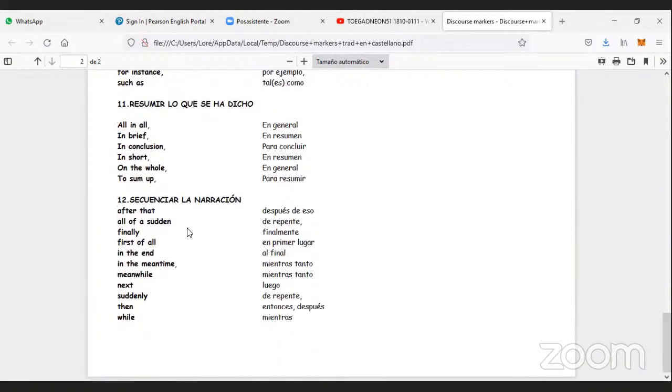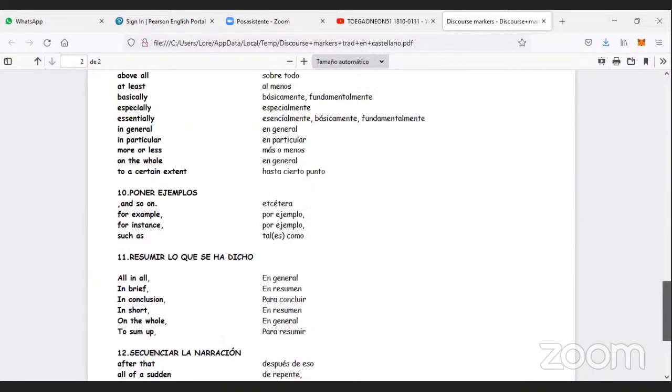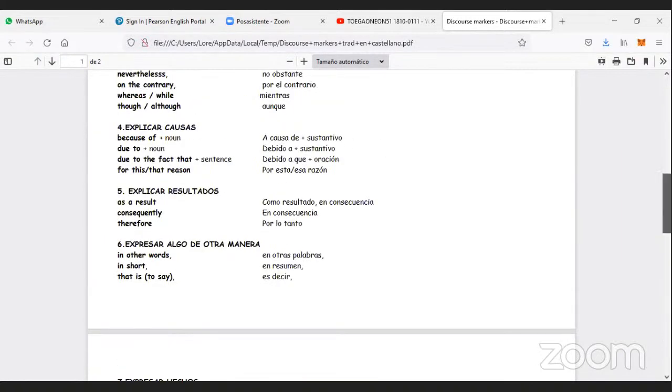and finally, we could use these words in order to make a sequence about something that we're saying. If we have many steps, for example, you think like after that, then, not always like first, second, third, fourth, not always like that. Okay, so you have these words that are going to help you a lot.